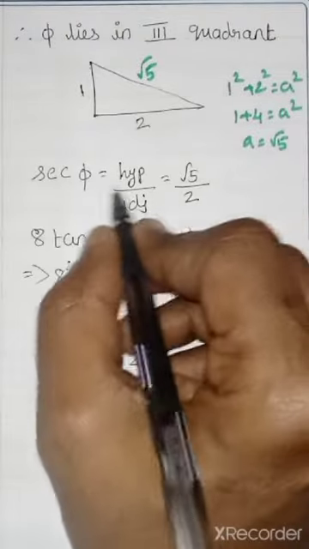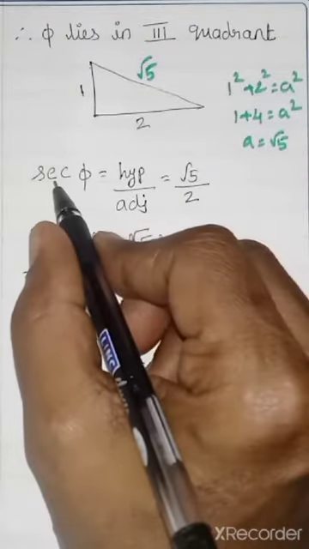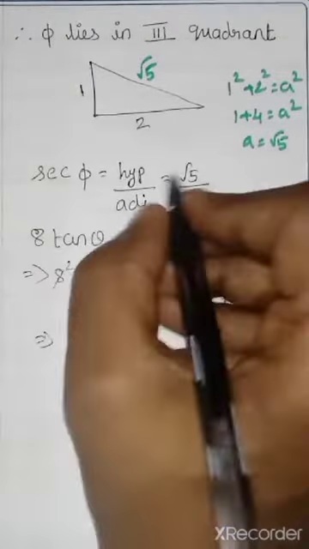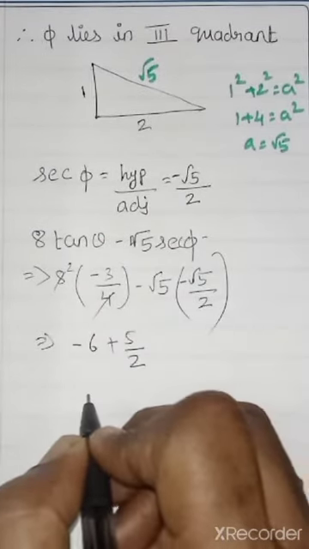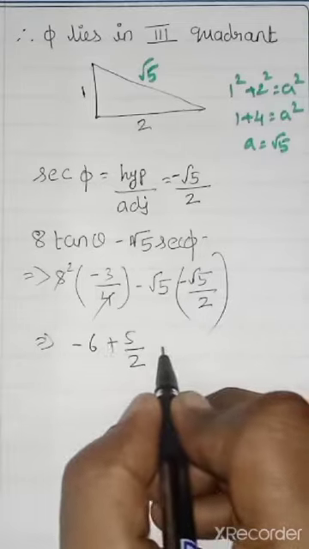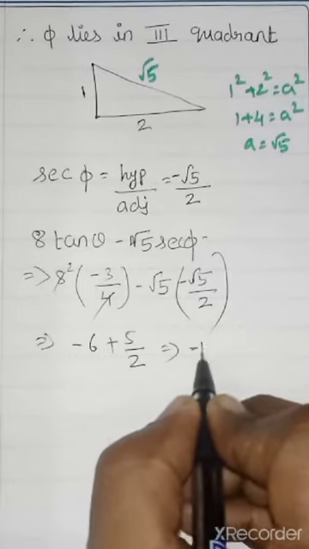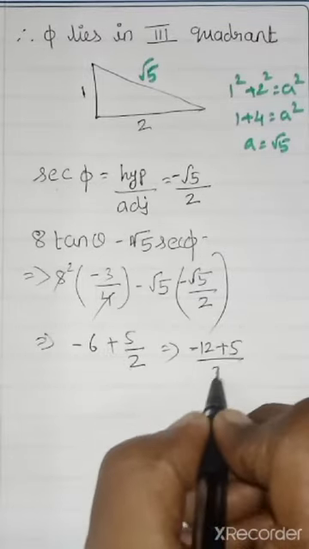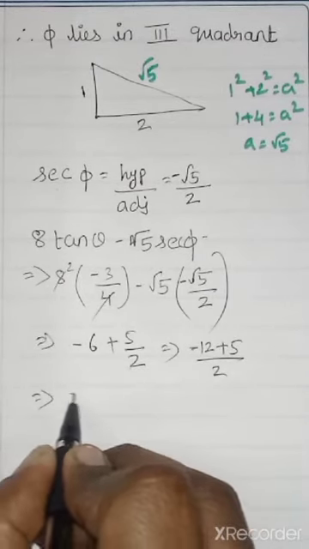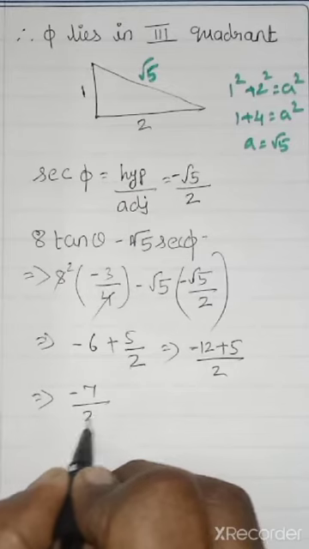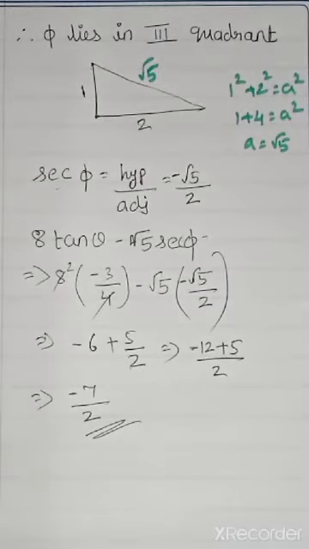Oh, this is secant phi. Secant is negative in the third quadrant. So here it will get a minus. So minus into minus is plus. Okay, and taking LCM, you will get 6 twos are 12 plus 5 by 2, which is equal to minus 7 by 2. This is your final answer.